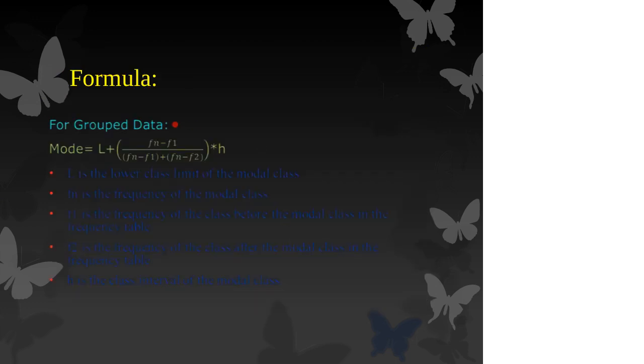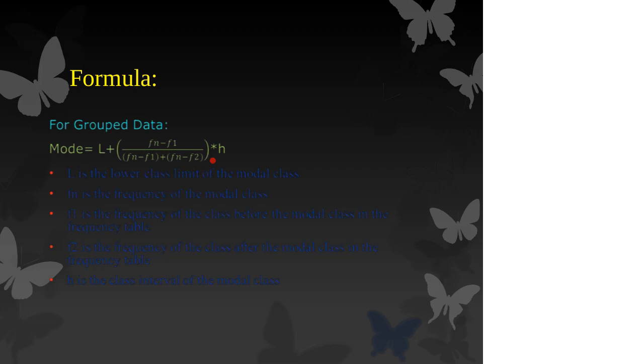I don't know whether you are seeing this formula. Is it clear to your side? The mode is given by L. Can you see the formula? If you can see the formula, it is indicated the mode is given by L plus, then we have a bracket.